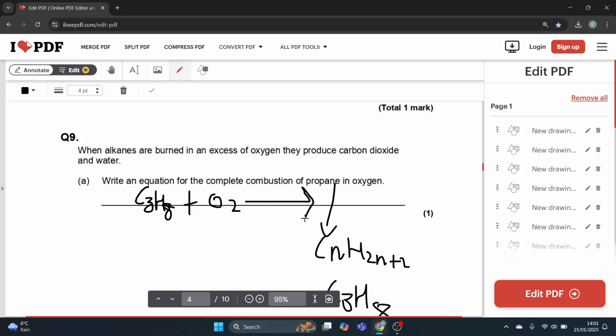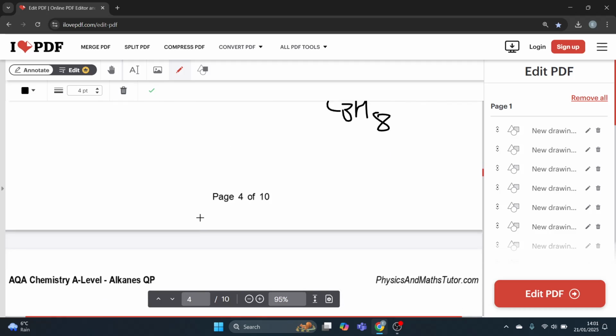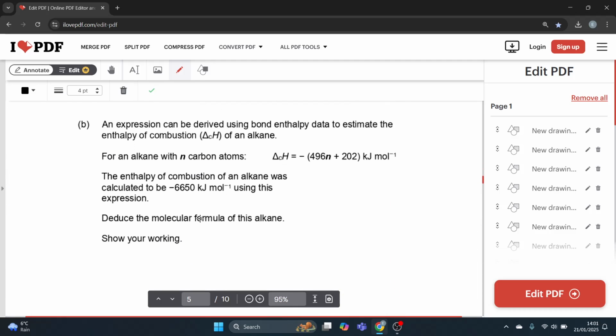Complete combustion, enough oxygen to ensure products are purely carbon dioxide and water, H2O. 3 carbons, I need 8 hydrogens, so I need a 4 here. How many oxygens do I have? 6 plus 4 is 10, so I need a 5 here. So C3H8 plus 5O2 forming 3CO2 plus 4H2O.